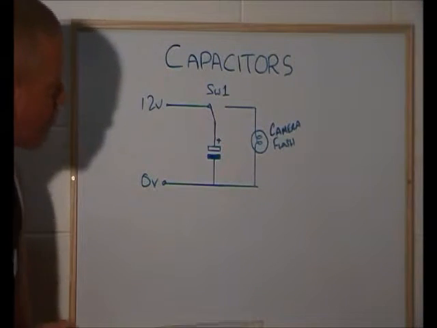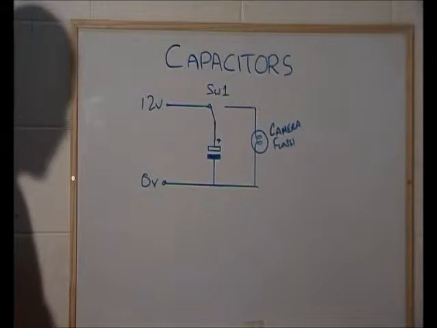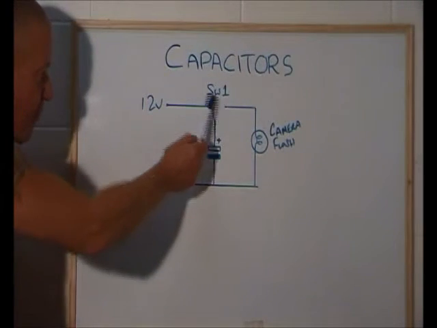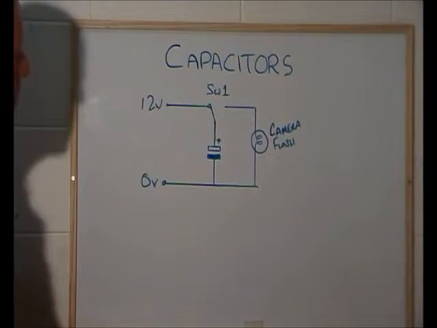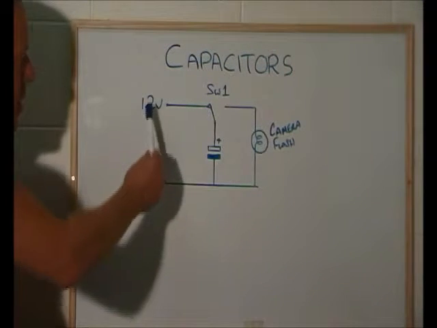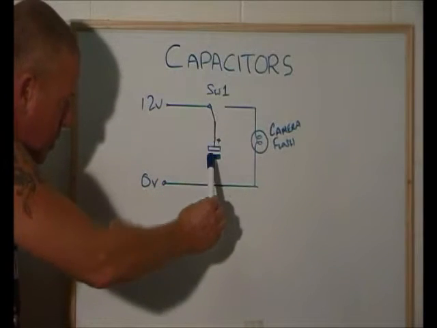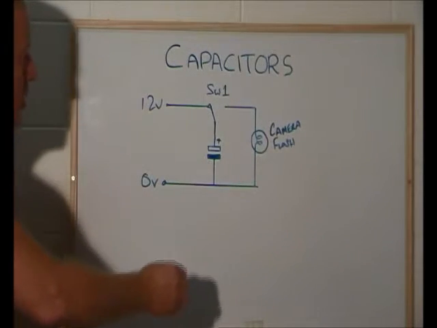Now, once we disconnect that voltage, I've got a switch here. This is switch 1, allowing current to flow down through the capacitor to charge it up quickly.